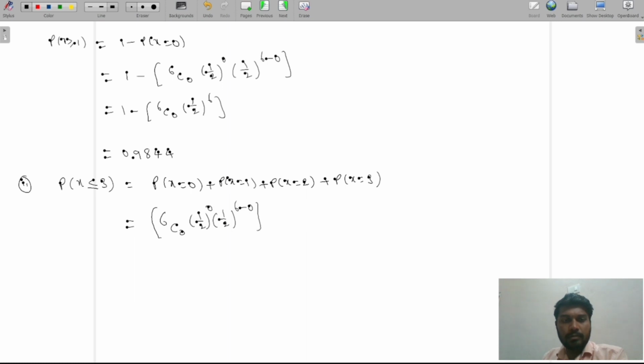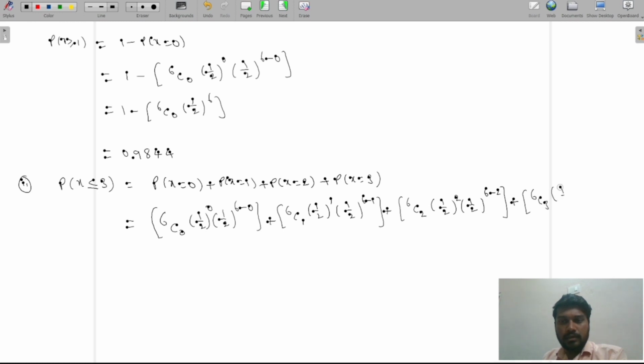This is the binomial distribution at x equal to 0, plus at x equal to 1, 6c1 (1/2)^1 (1/2)^(6-1), plus 6c2 (1/2)^2 (1/2)^(6-2), plus 6c3 (1/2)^3 (1/2)^(6-3).